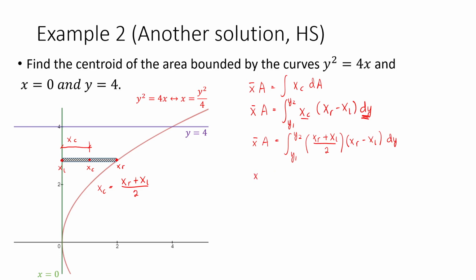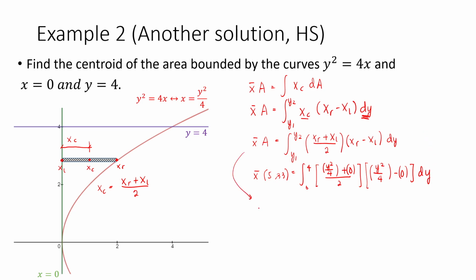So again, you may plug this one in directly by 5.33, and then from 0 to 4, then you're going to plug in y squared over 4, then plus 0 over 2, then multiplied by x right y squared over 4 minus 0 dy.